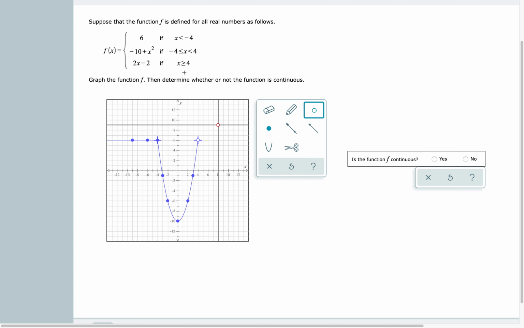And then for x greater than or equal to 4, okay, so you have 2 times 4 is 8, minus 2 is 6. So I'm back to plugging this hole. And then we have 2 times 5 is 10, minus 2 is 8.